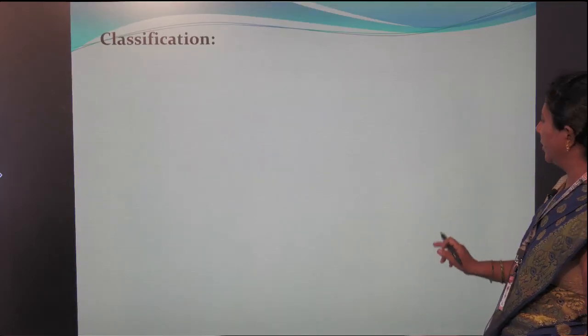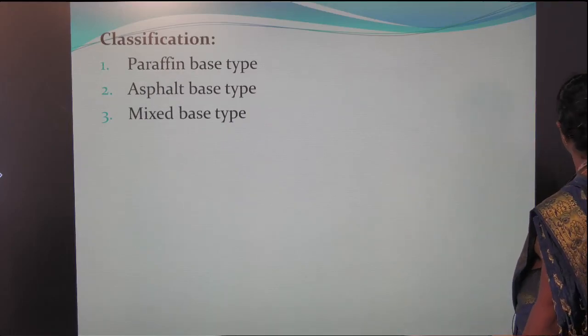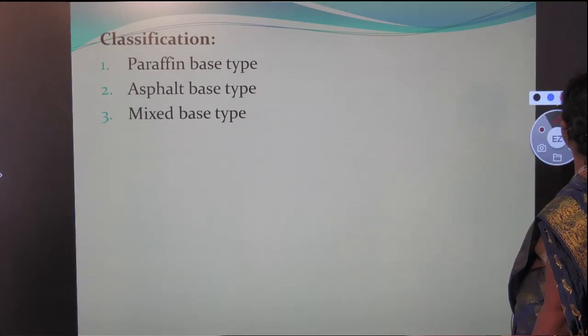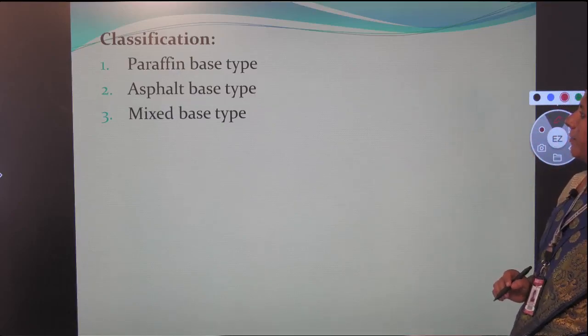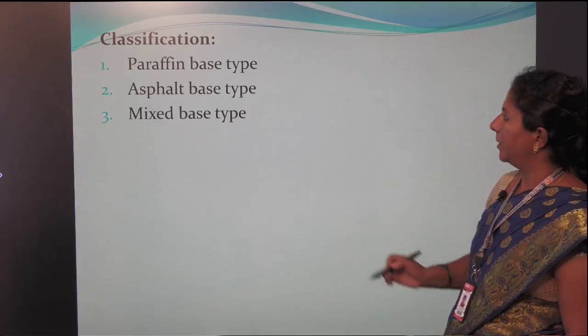Next, coming to the classification. Petroleum is basically classified as paraffin based type, asphalt based type, mixed based type.